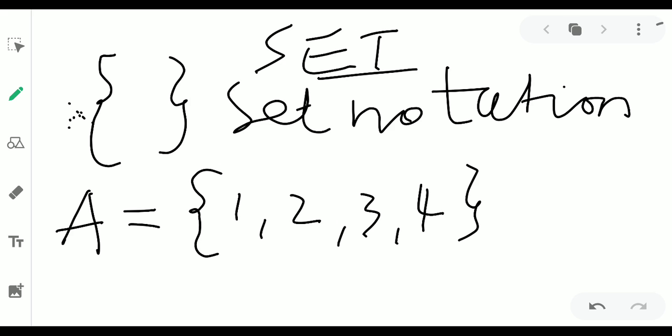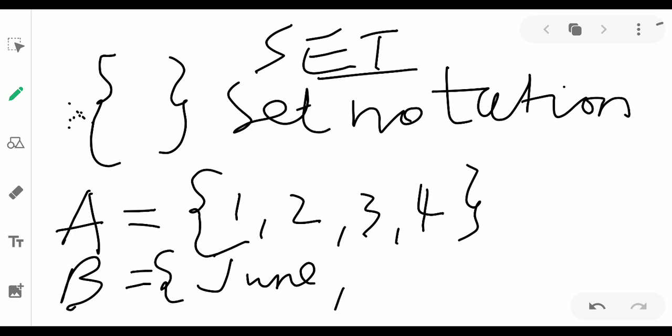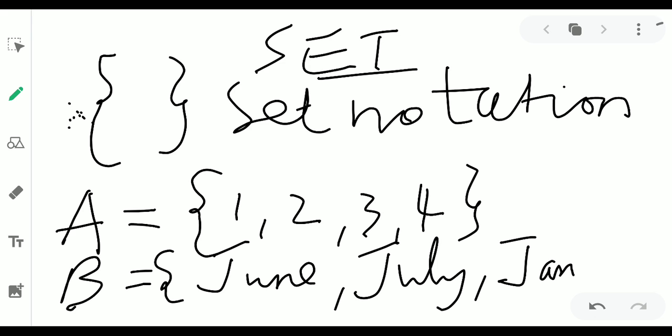When you are writing the members of a set, we use the curly brackets and you put the members in it. So you can have set B: June, July, January.